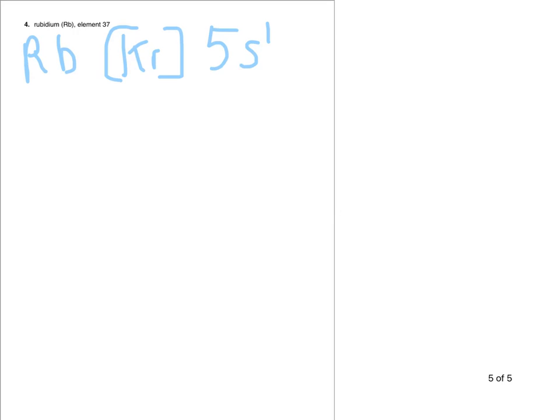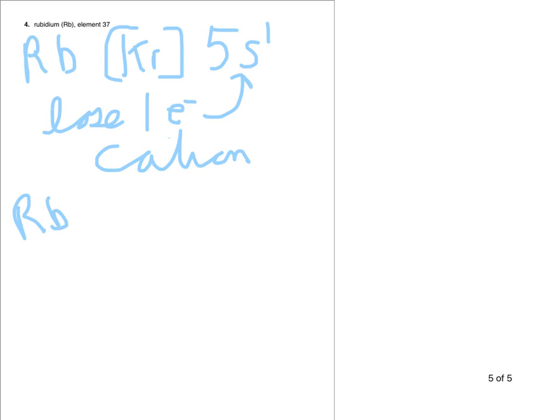Here with only the 1 valence electron, we're going to lose it, leaving us a cation, which is rubidium with a 1+ charge, and its electron configuration would be that of krypton.